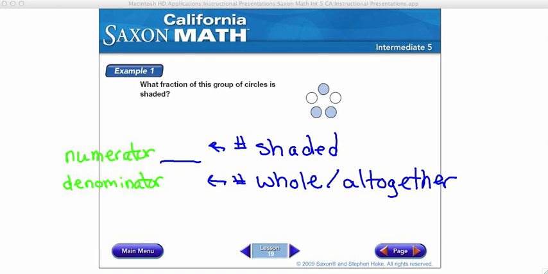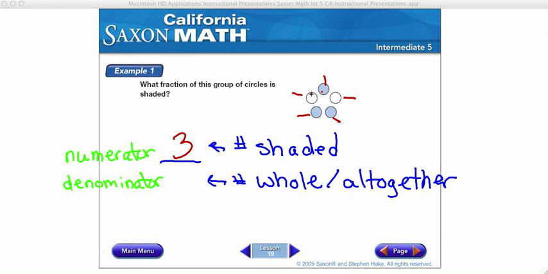So, when asking what group of the circles is shaded, the number shaded is going to be our numerator. So in this picture, we have 1, 2, 3 circles are shaded, and our denominator will be out of these circles that there are all together, or all of the circles.